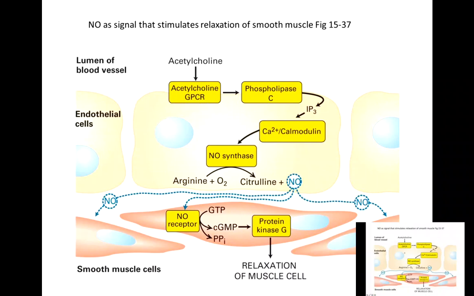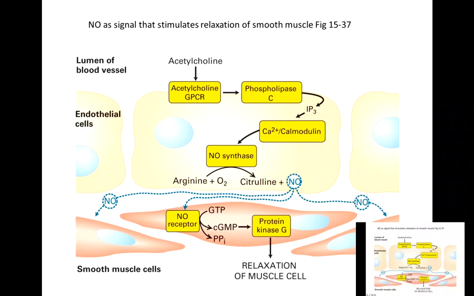So acetylcholine will act as a first messenger outside the cell, binds to an acetylcholine receptor, which is a G protein coupled receptor, activates its activator phospholipase C. Phospholipase C generates IP3 and DAG, not shown on here. Okay, and you have a release of calcium from the endoplasmic reticulum inside the cell. That calcium is required for nitric oxide synthase to convert arginine plus oxygen into citrulline plus nitric oxide gas.